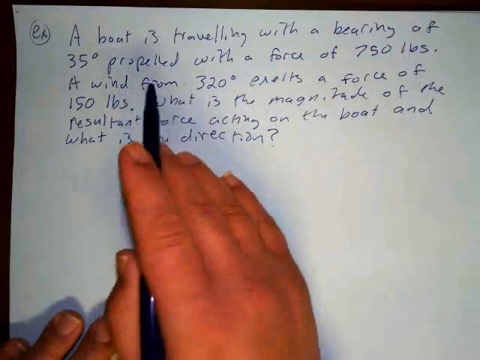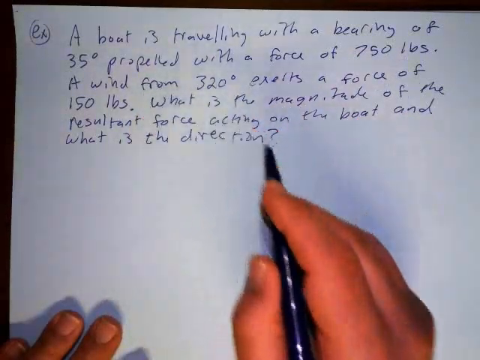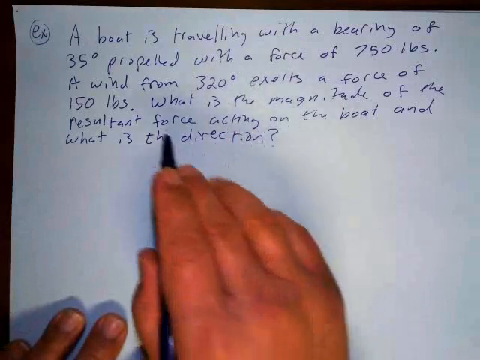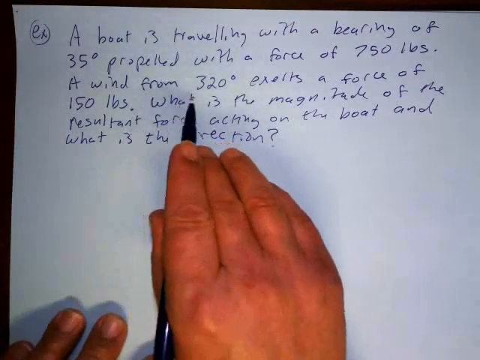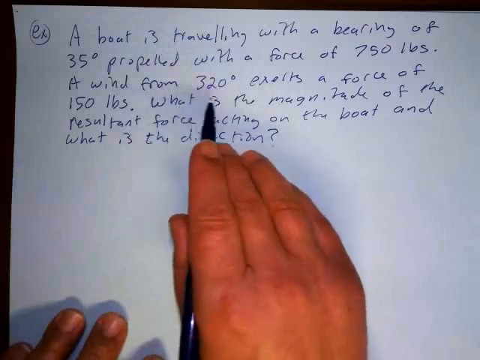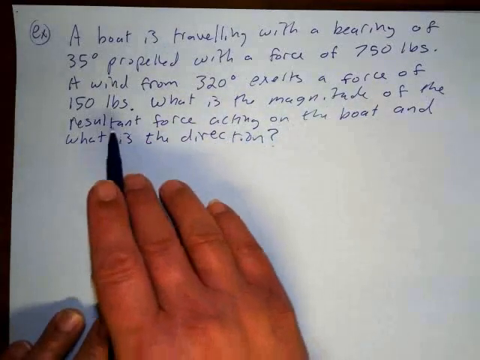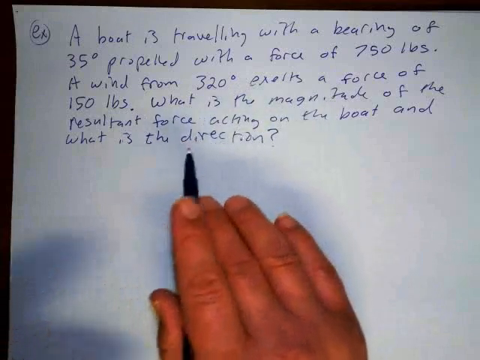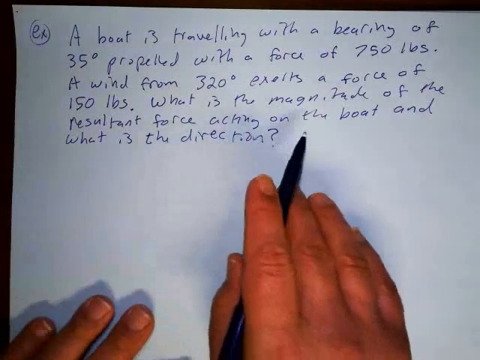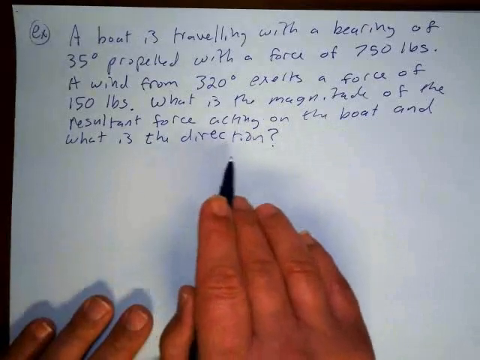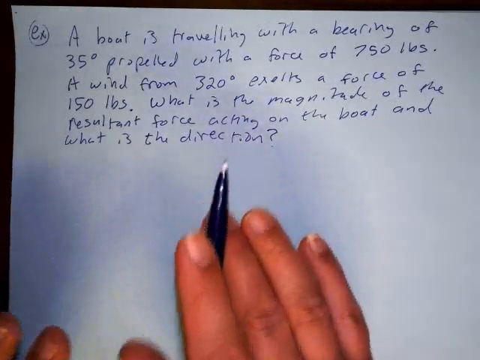This is a wind that's coming from this bearing, so you have to remember what we did in the last problem when it says coming from. I want to know the magnitude of the resultant force and what the boat's new direction is in terms of bearings.